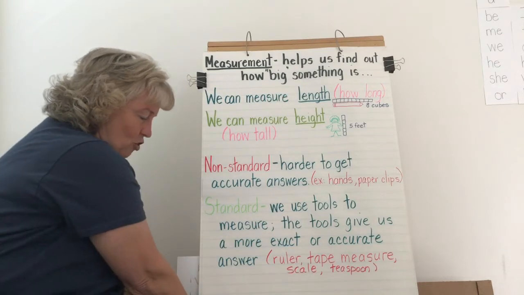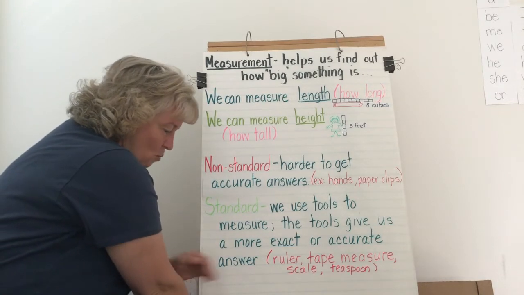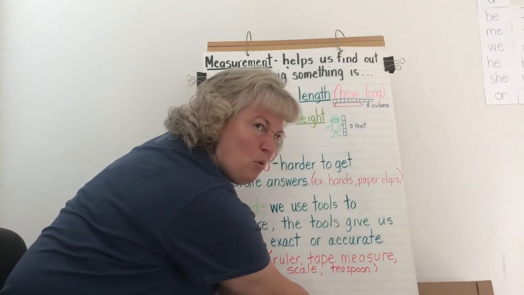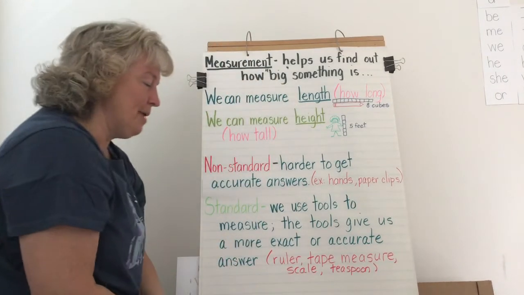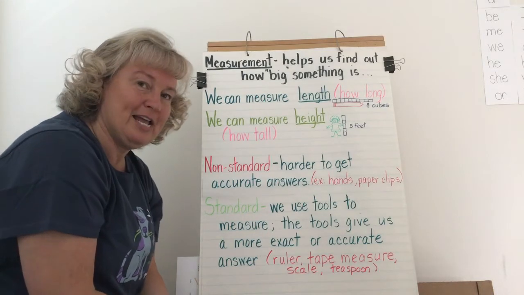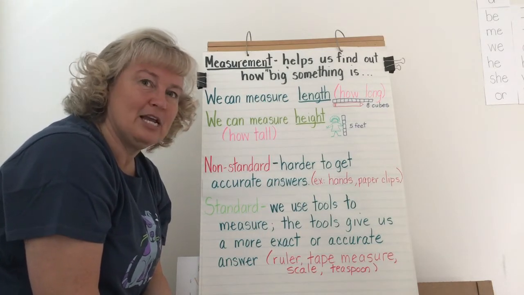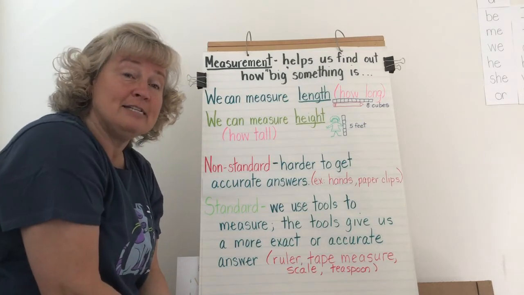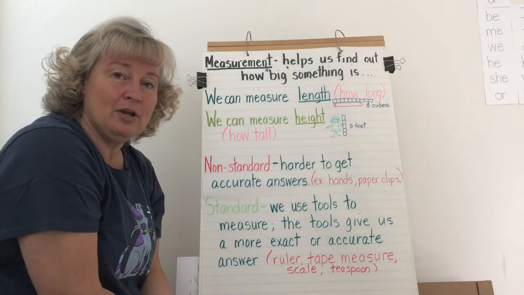I might measure across the bottom of my easel and say it's 1, 2, 3, a little bit more than 3 hands long. But I'll bet if you measured the same thing with your hands, you would have it being longer than I did because our hands are different sizes. So it's not always accurate.